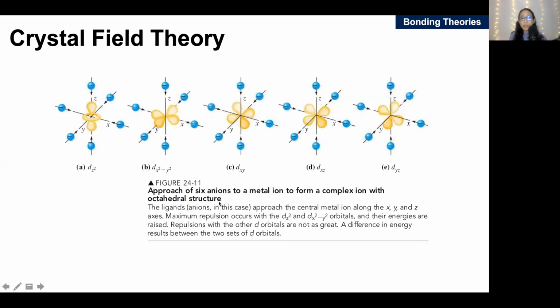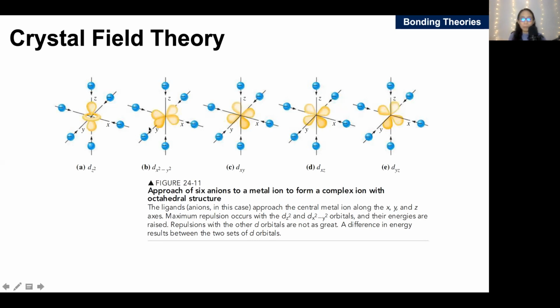Since it is dealing with electrons in the d orbital, let us review the shapes of the d orbitals. If you recall, when you studied quantum numbers back in your general chemistry in senior high school, you learned that there are 5 types of d orbitals.